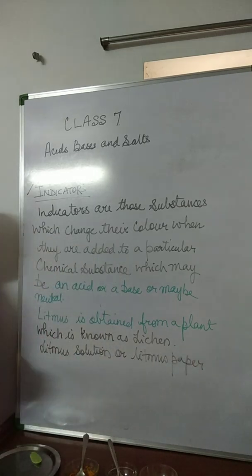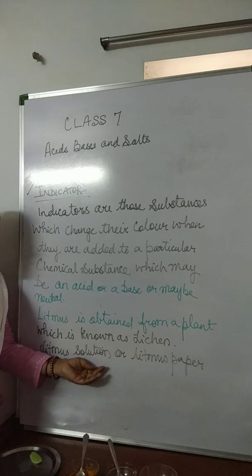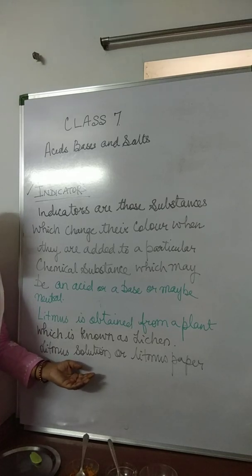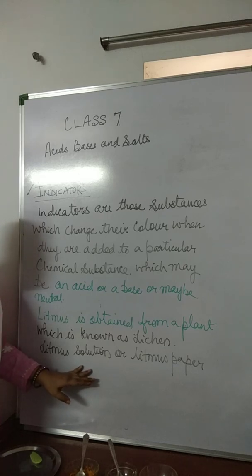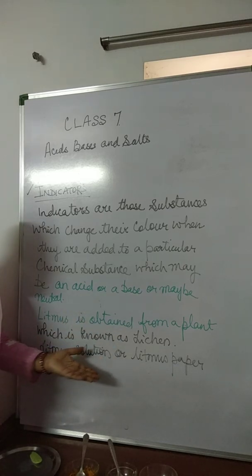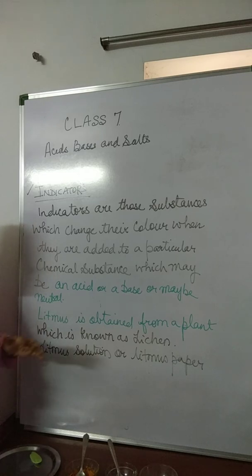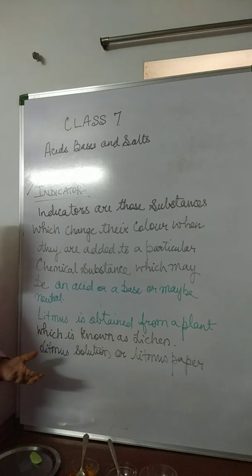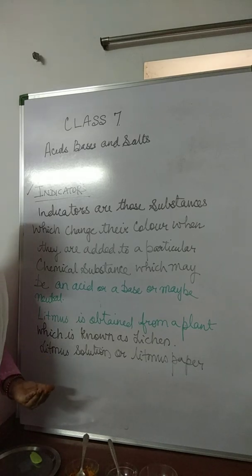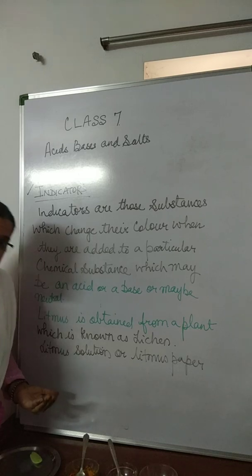This is mauve in color and we can use it to find whether the given substance is acidic or basic. Now, if a drop of that substance is added to the litmus paper and it changes to red, it indicates that the substance is an acid.